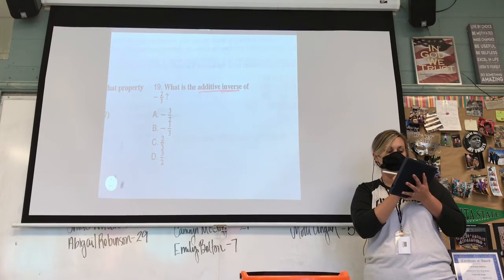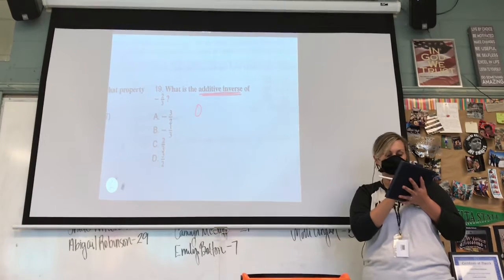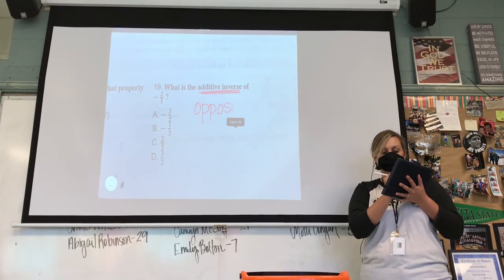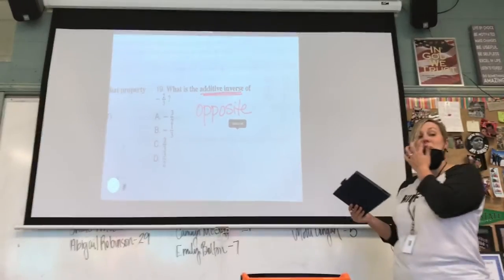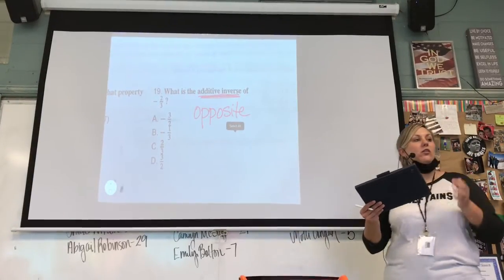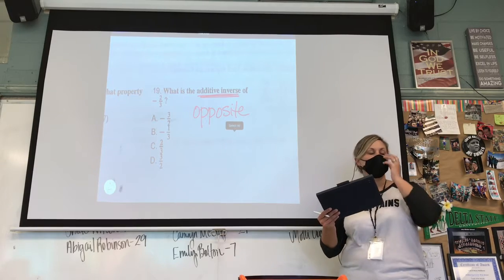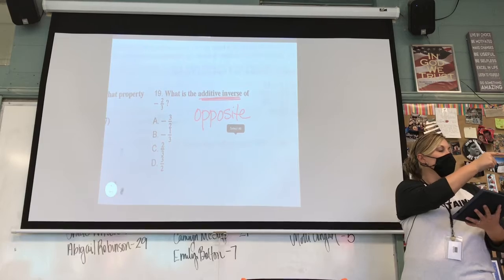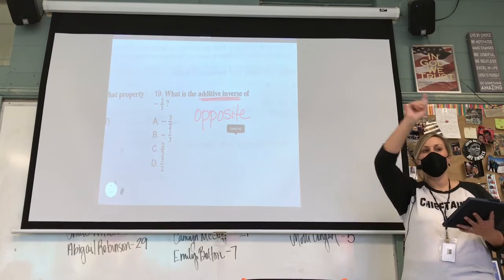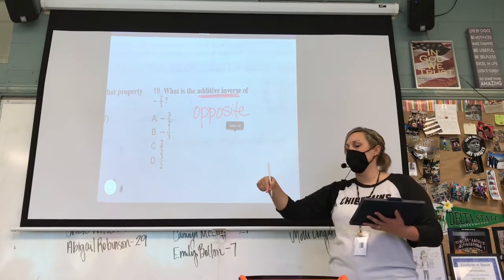On your paper, underline additive inverse and write all that means is opposite. Remember, it's the fancy Nancy word for opposite. What does opposite tell you to do to the number? Or, what's another way to say that? If it's positive, you're going to make it negative. And if it's negative, you're going to make it positive.